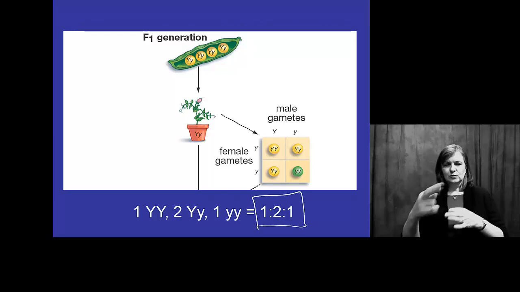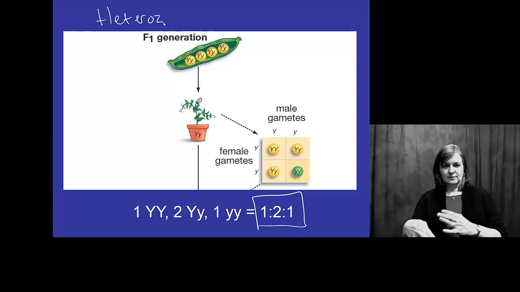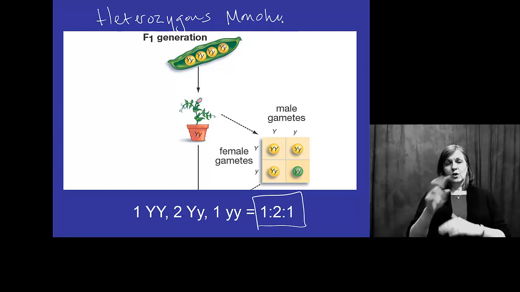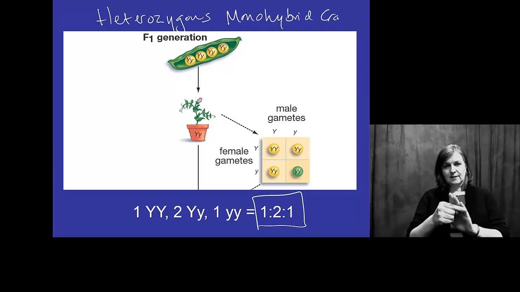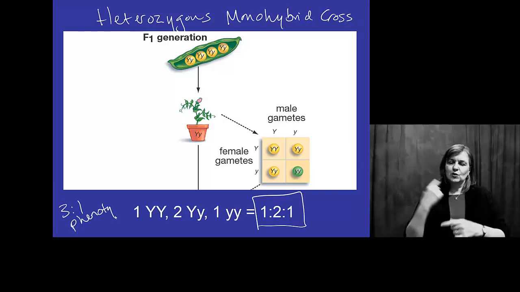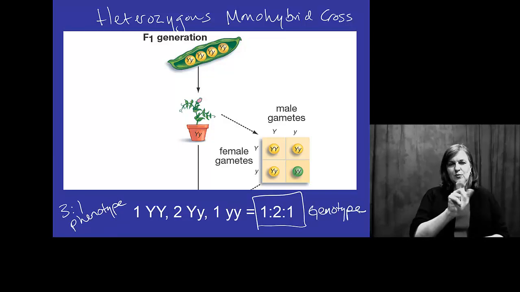This is a law in genetics. If you do a heterozygous monohybrid cross, you will always get a 3 to 1 phenotype and a 1 to 2 to 1 genotype ratio.